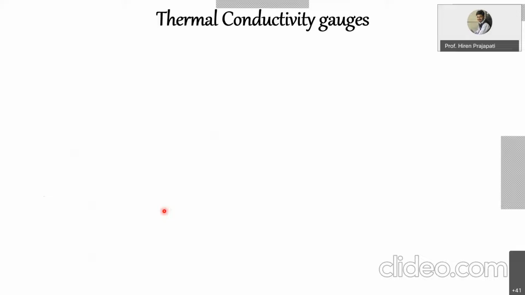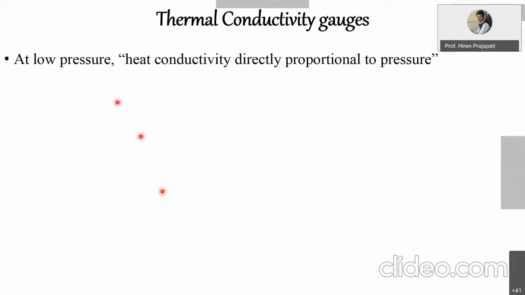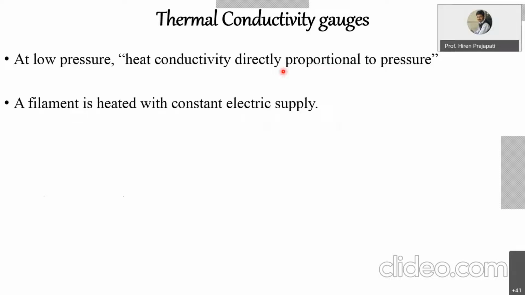Next is the thermal conductivity gauge. At low pressure, at vacuum pressure, heat conductivity is directly proportional to pressure. Means the higher the pressure, the higher the conductivity of the element. The same principle we are using in the thermal conductivity gauge. The filament is heated with constant electric supply.